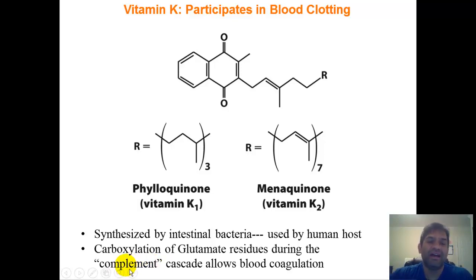Hemophiliacs are deficient in this cascade. So when they bleed, it becomes a big problem because the blood doesn't stop. Vitamin K's small role in this huge process is to carboxylate glutamate. So it's performing a catalysis. Look at the structure. Very different from these other guys that we've been studying in this PowerPoint.